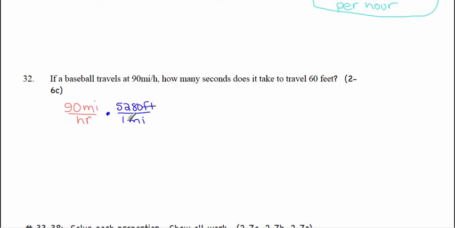So now I've converted my miles. Now I need to convert my hours into seconds. So for every 1 hour, and I put it in the numerator so it cancels with the denominator hours, I have 60 minutes. And then converting one more time, every minute has 60 seconds.